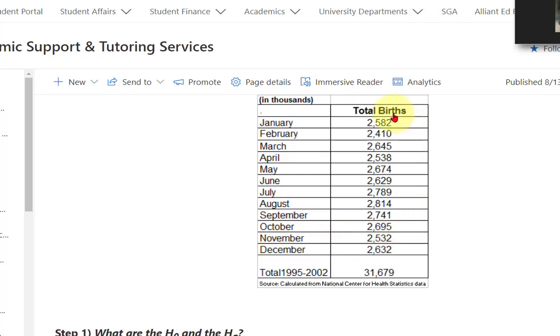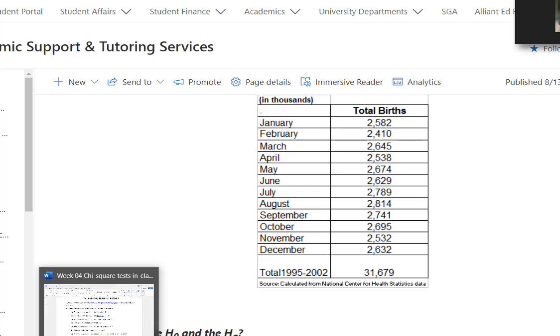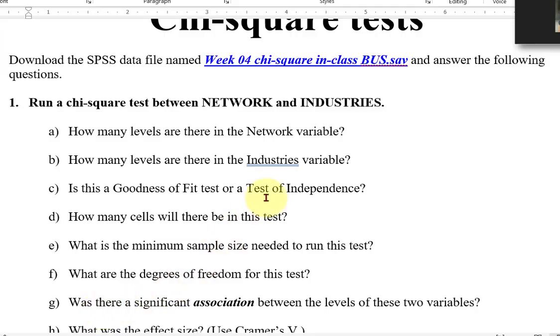So what you would do is find the average on your own and make that every month. January would be the same as February, the same as March, etc. And you would compare these numbers to that list of the same mean. So that is a goodness of fit thing. So again, this test we're running is a test of independence.